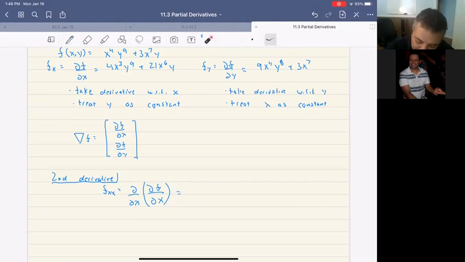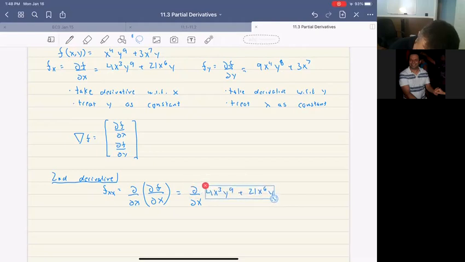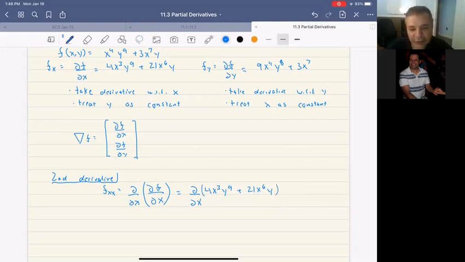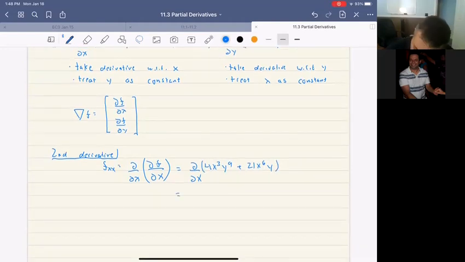So that means we're going to take the partial with respect to x, in this case, of this thing. Okay, so that equals what? 12x squared y to the ninth plus 6 times 21 is 126, last I remember, x to the fifth y.